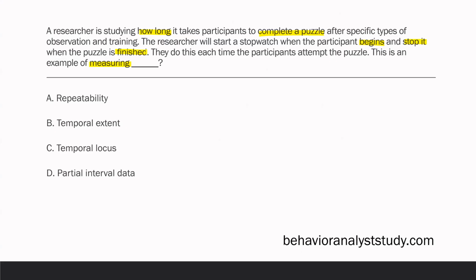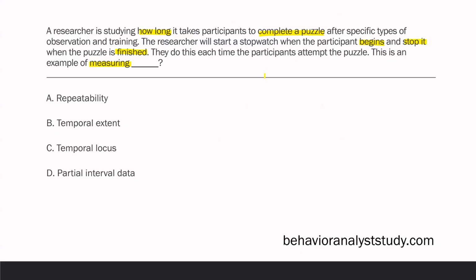So when we measure how long a discrete response takes, what are we measuring? A, repeatability. Repeatability is more related to a count. We're not counting here, we're measuring a length of time. B, temporal extent is associated with duration, and we are measuring duration. Again, duration is the measurement of a discrete response and how long that discrete response takes or lasts.